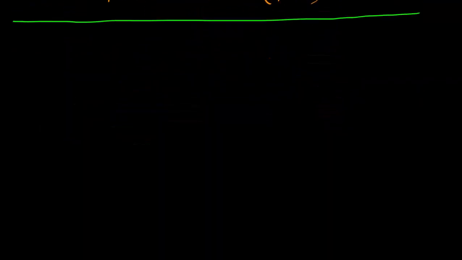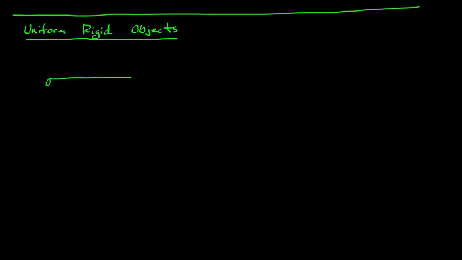Okay, so now what happens when they're not point masses? So now we're talking about uniform rigid objects. We still have to be able to deal with it. So I'm talking about like a rod, so a cylinder, which is rotating about an axis, say at its end.